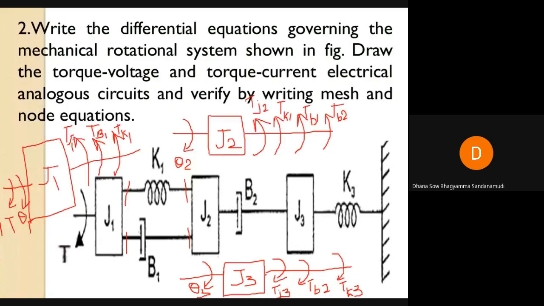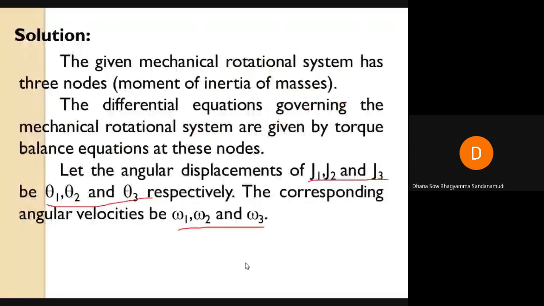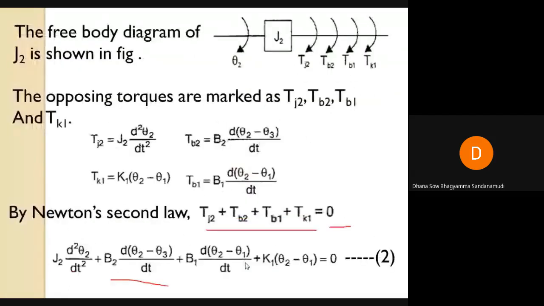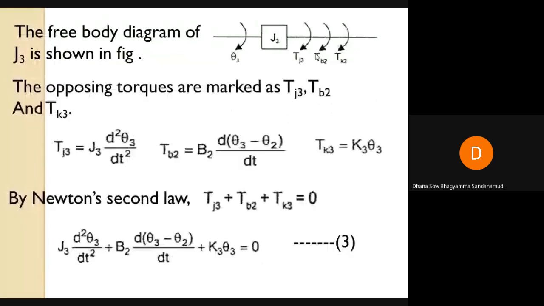So no applied torque at node 3. These are the three opposing torques, and the angular displacement is theta 3. According to Newton's second law, opposing torque is equal to the applied torque, so you will get this equation. Here only B2 is in between node 3 and node 2.